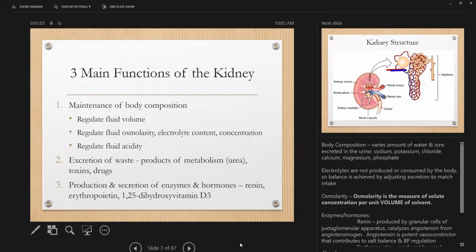It also helps us to excrete our waste products, and it helps us to metabolize and to excrete drugs that our body ingests. It also helps with the production and secretion of enzymes and hormones. Most specifically is the renin and the 1,25 dihydroxyvitamin D3 that we need for our matrix of bone development.